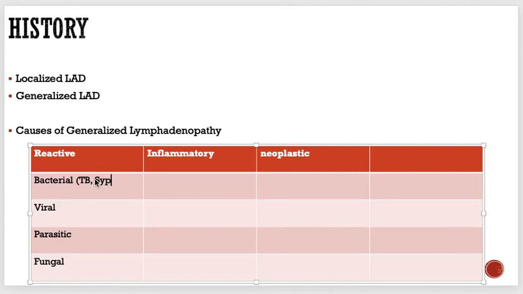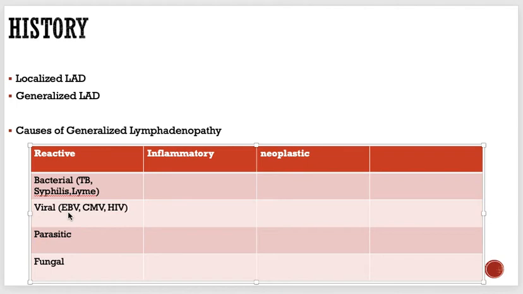Syphilis can give it. Not just these, Lyme disease is very important. By the way, I should add here Lyme disease, a very important cause. Lyme disease and TB and syphilis and brucellosis, and there are many. And viruses, again, viruses can give generalized lymphadenopathy. Epstein-Barr virus, cytomegalovirus, HIV virus, and so on and so forth.